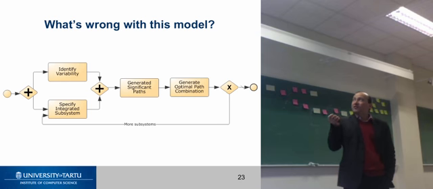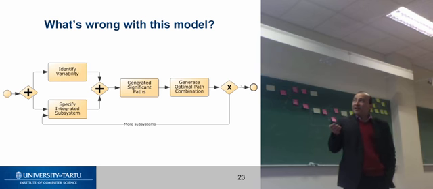Sorry, this is generate. And generate the optimal path combination, and then either all more subsystems need to be tested. In this case, I will come back or I finish. If I do come back, then I will do this, specify integrated subsystem, and then I will be here. And this gateway is a bit dumb.